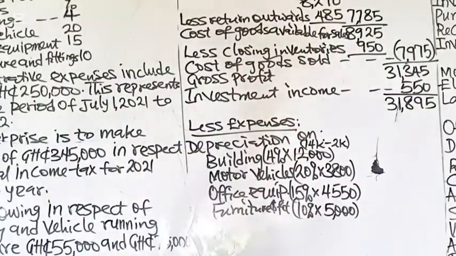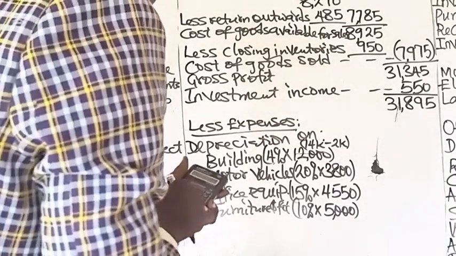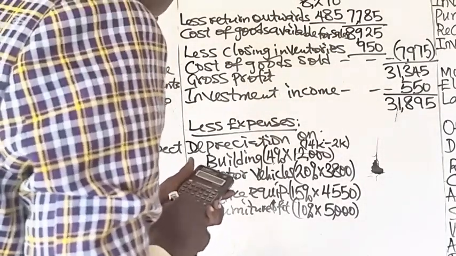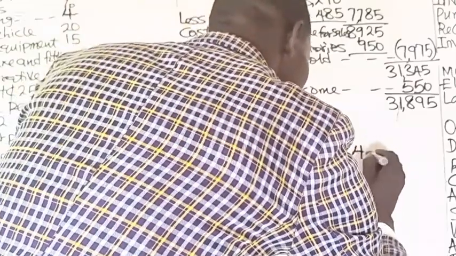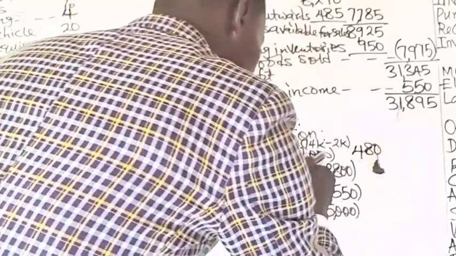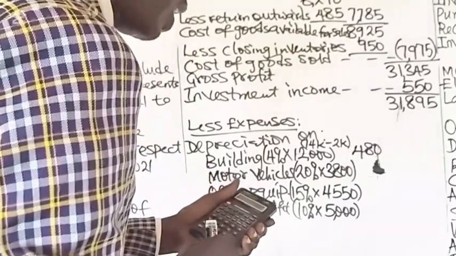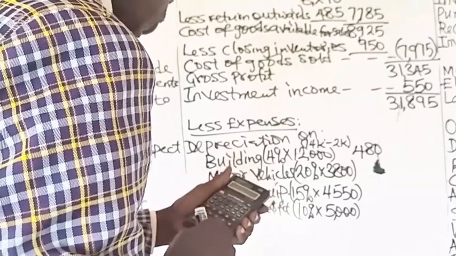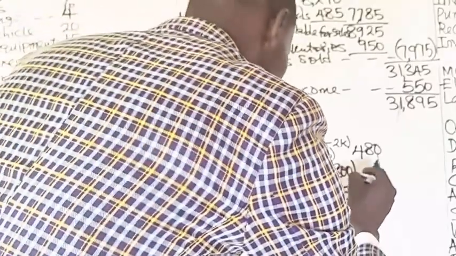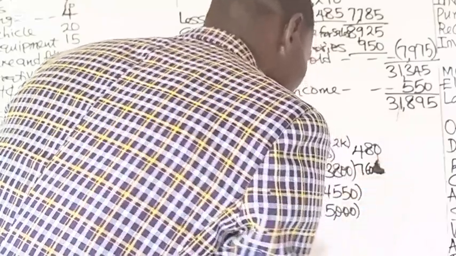Then you apply the rate on the cost. For building, 4% of 12,000 gives us 480. For motor vehicles, 20% of 3,800 gives us 760.